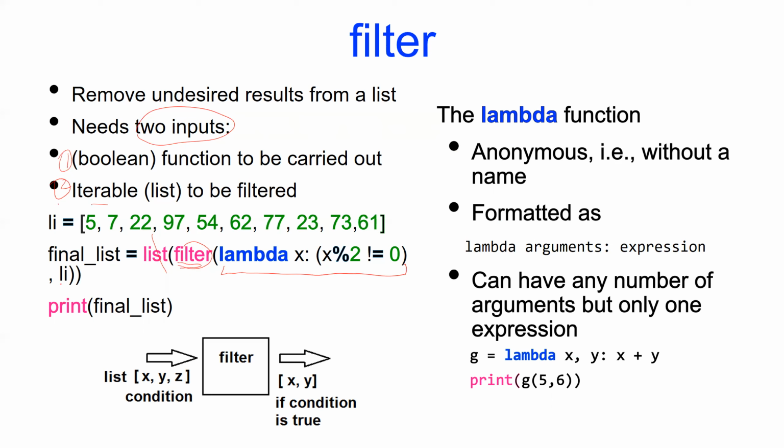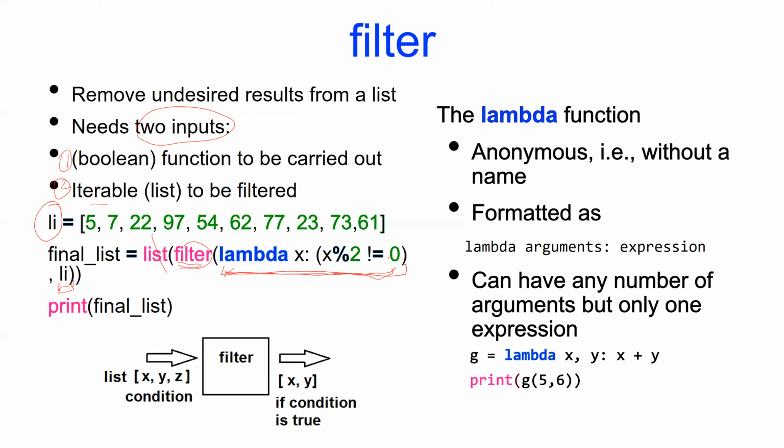The second part is a list, because we have a list 5, 7, which contains a list of numbers. So this Li is a list, and the first element is a very mysterious lambda thing. But if I map to the definition, we will know this mysterious lambda should be a function which will return you true or false.